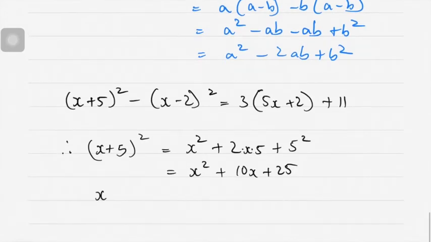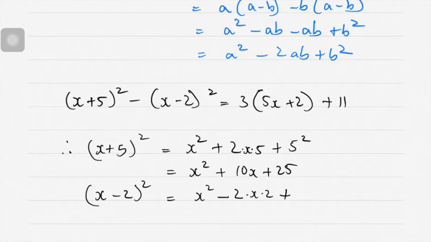Similarly, (x − 2)², I can write it as x² − 2 into x into 2, because it is 2ab. Okay. Now x minus 2 raised to 2, x is my a and 2 is my b.